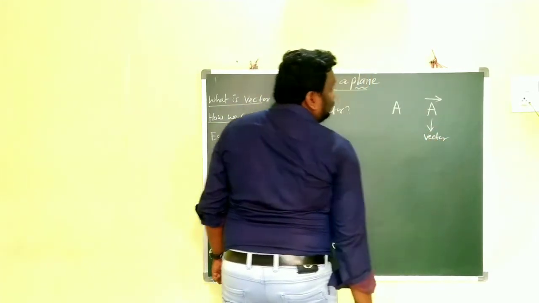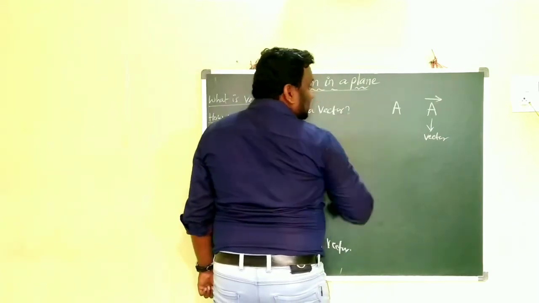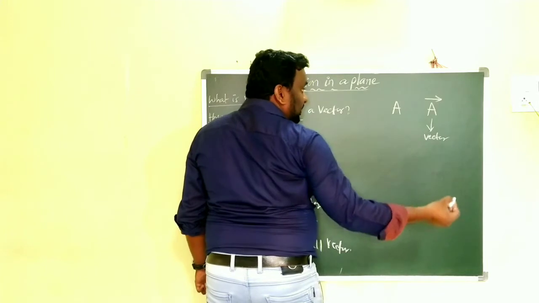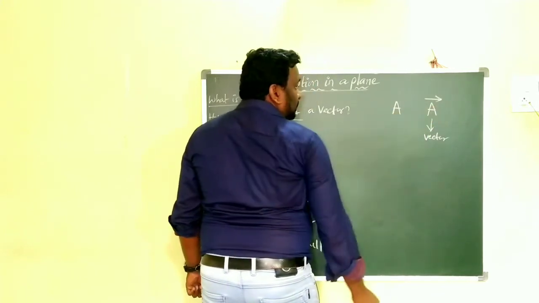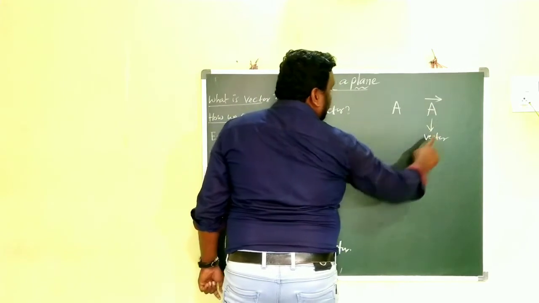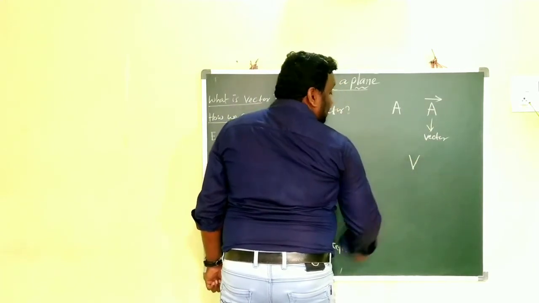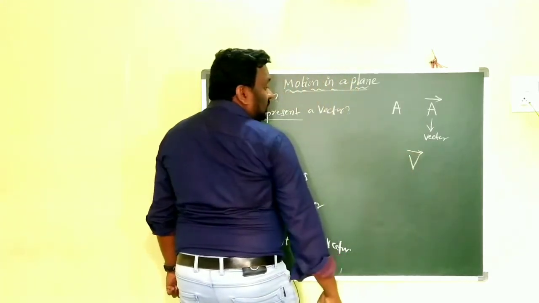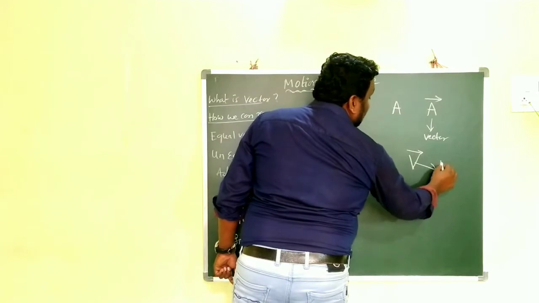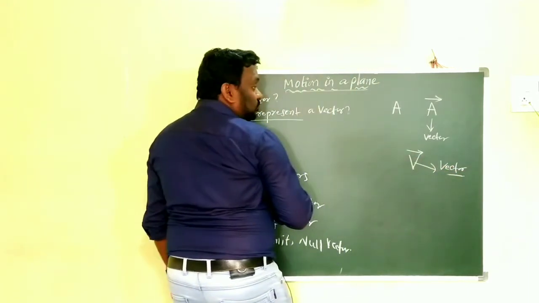That A is a vector. For example, A is a physical quantity, and we are showing it as A with an arrow. Now it is a vector quantity. That means while you are writing any physical quantity and you keep an arrow mark above the letter, it is treated as a vector.